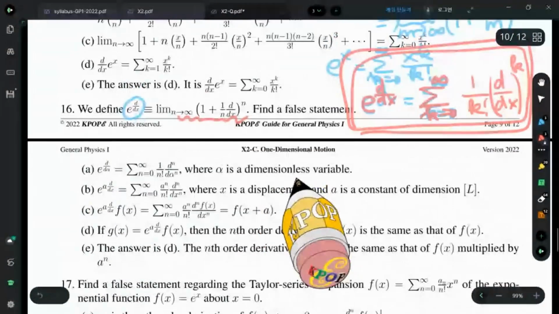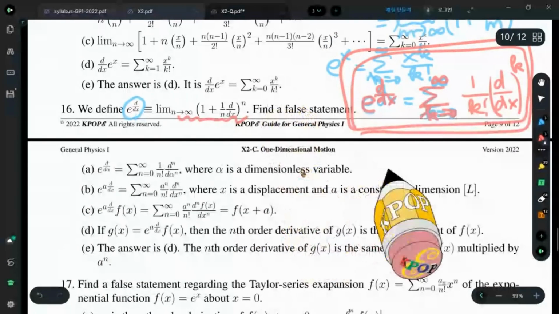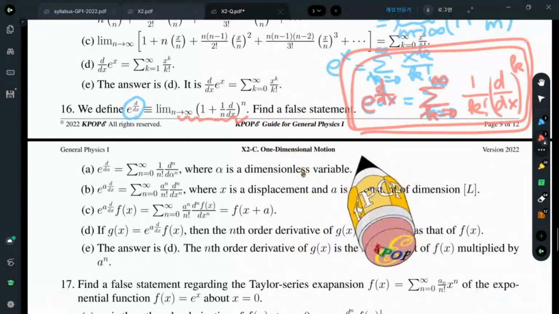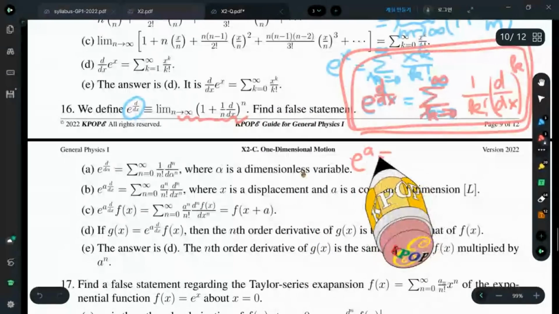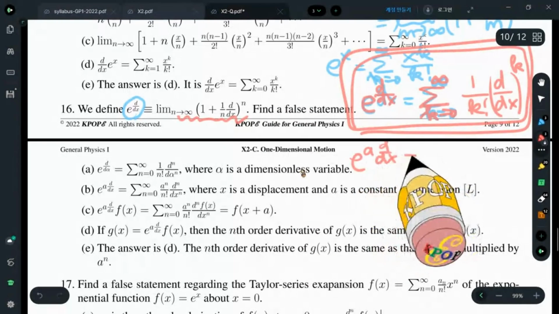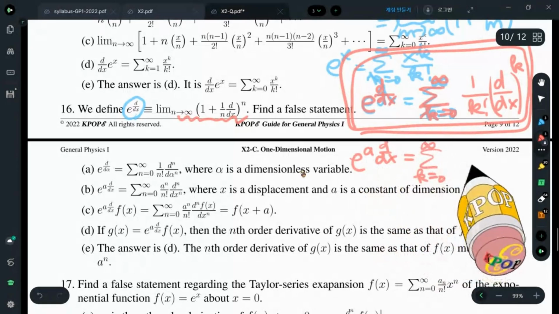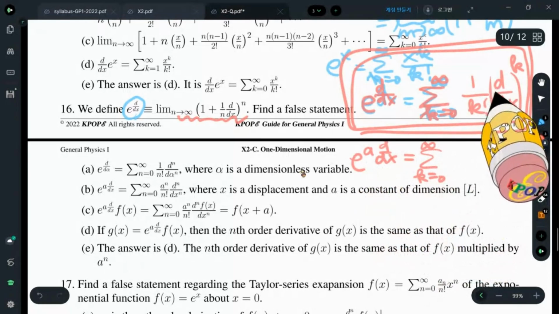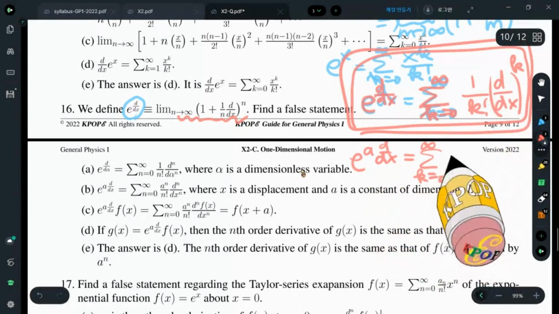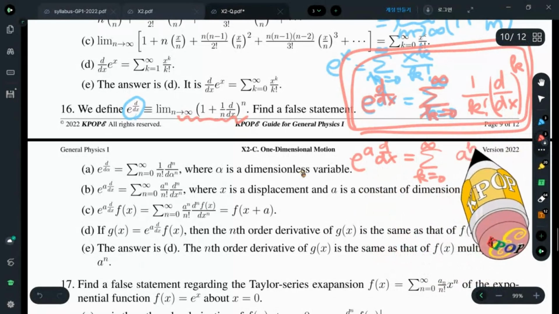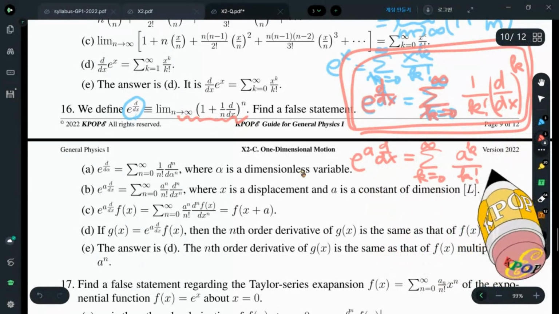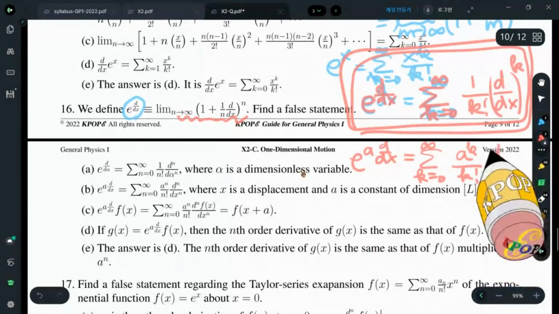Then what happens is exponential a d/dx. Everything is the same, except that I just substitute a as a number. Then it becomes a to the k over k factorial, and the kth order derivative.